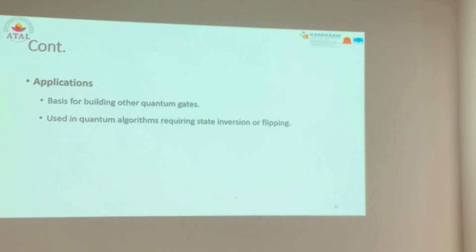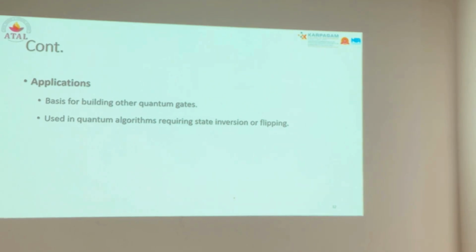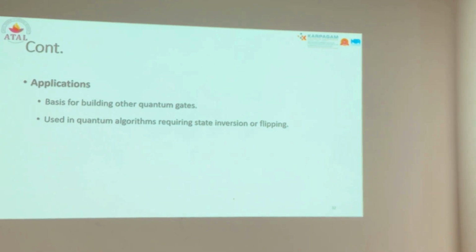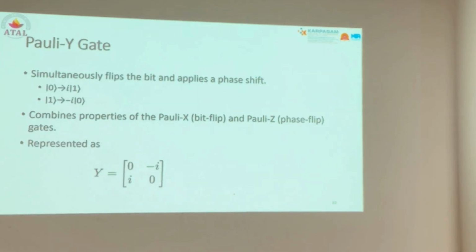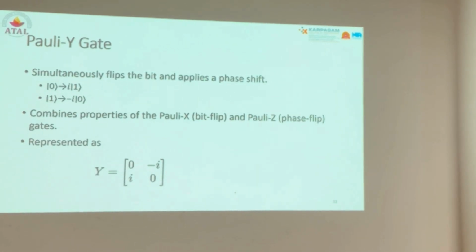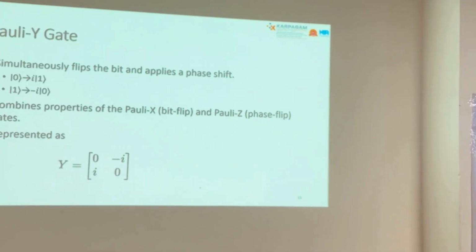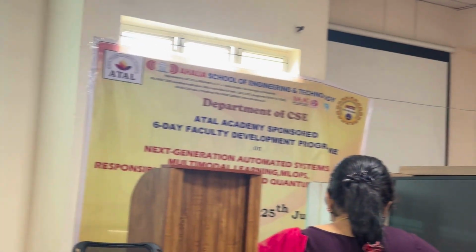The quantum NOT gate is a basis for building other quantum gates. It is used in quantum algorithms for state inversion or reflection. The next one is the Pauli Y gate. It flips the state as well as changes the phase of the vector.